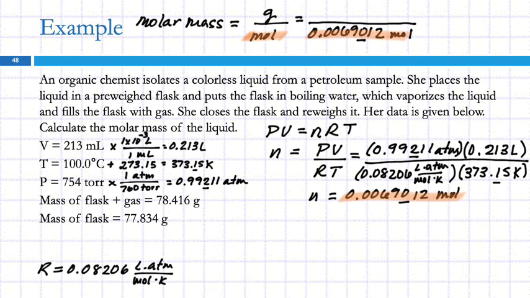We're given information, right? So here's the mass of the empty flask, and here's the mass of the flask with the gas in it. How do we find the mass of just the gas? We're going to subtract, right? So we take the flask plus the gas, and we subtract the mass of just the flask. So we're subtracting these guys. 78.416 minus 77.834.